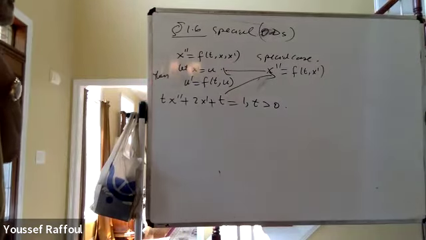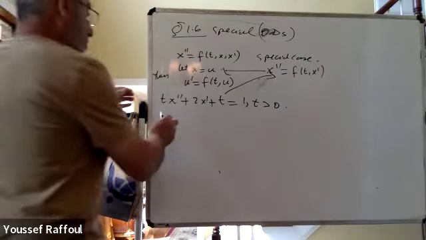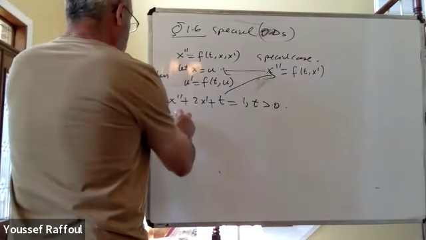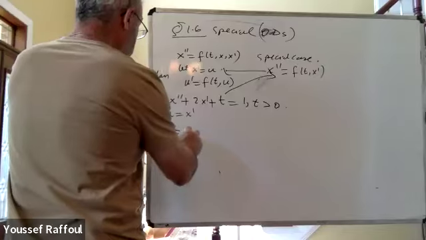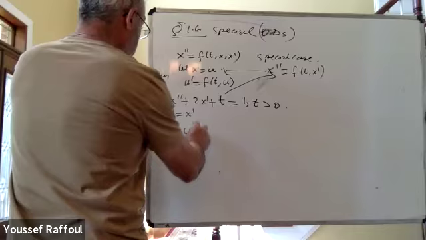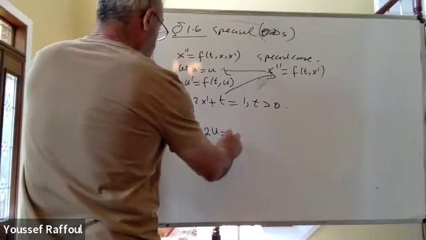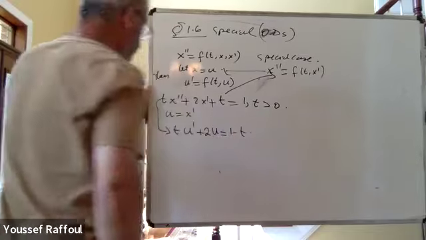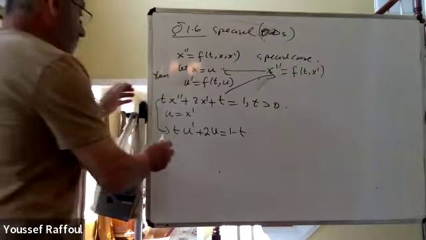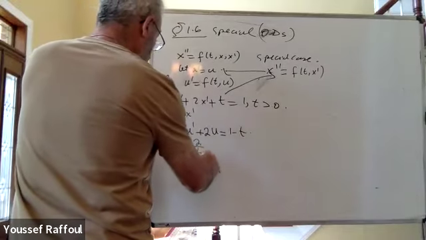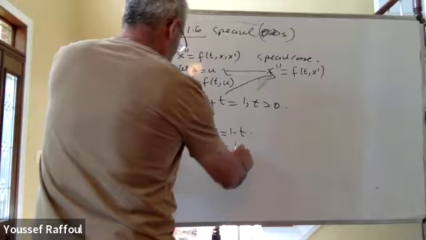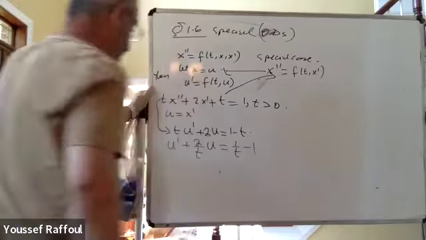I'm going to let u equal x prime. Then this becomes t u prime plus 2u equal 1 minus t. Divide by t: u prime plus 2 over t u equal 1 over t minus 1.